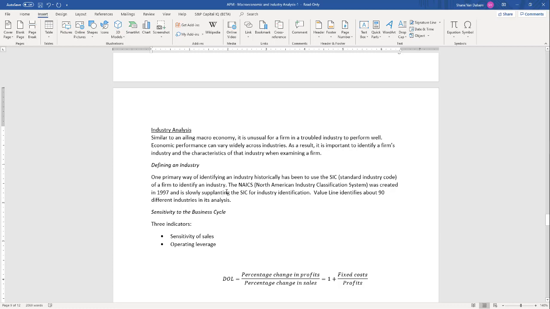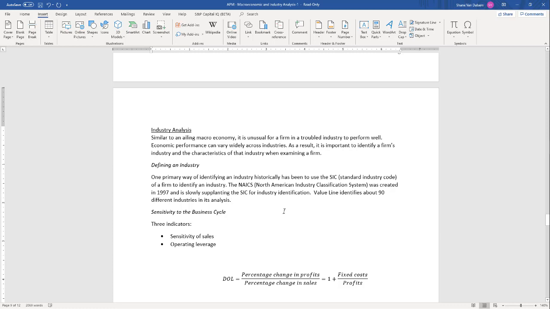That's not entirely true. The NAICS, I think, tends to be a little bit more specific than the SIC, but it's not replacing the SIC consistently everywhere. As a result, the SIC codes are very frequently used. We see them a lot in research, and when you're doing industry analysis for a firm, those often come up.